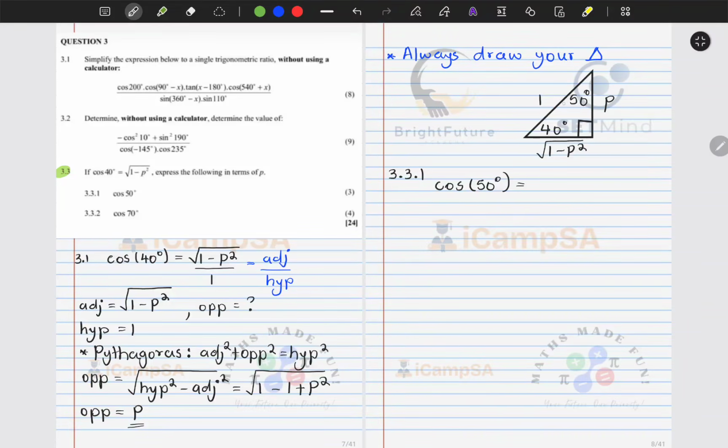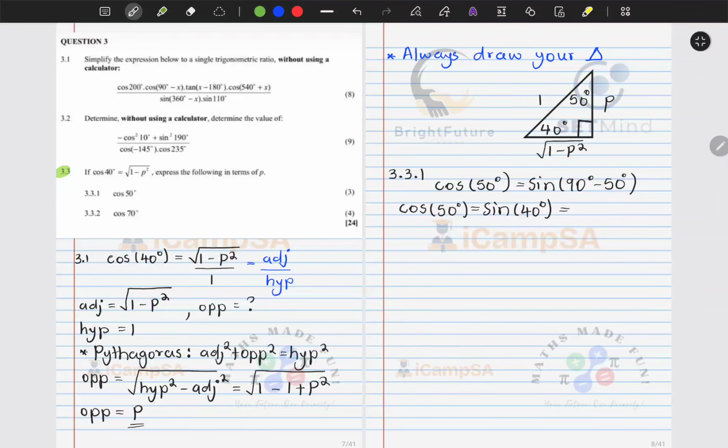So cos of 50 degrees, if you observe carefully, is the same as sine of 90 degrees minus 50 degrees, of which what that means is that cos of 50 degrees is the same as sine of 40 degrees.